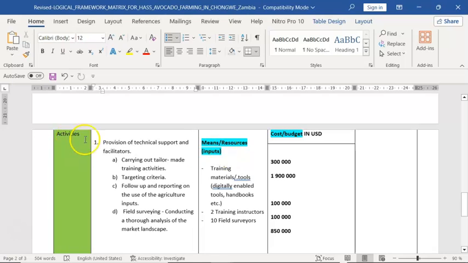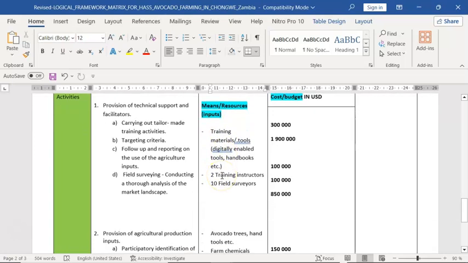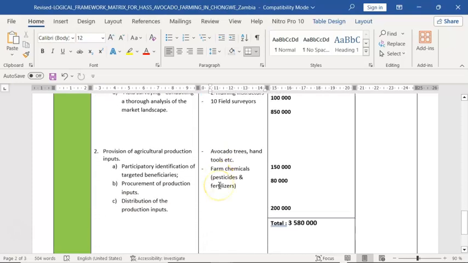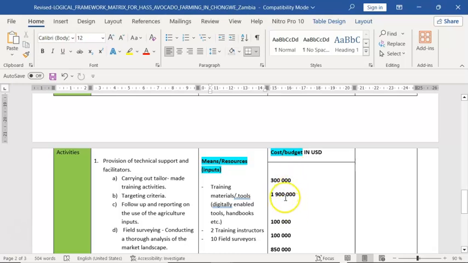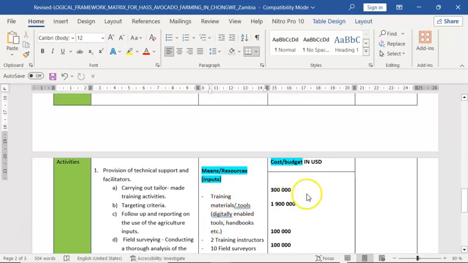Coming down to the activities, we are not talking about the OVI, but rather the resources input that you need to put in place. You are given all of this, and then the cost for each line of these resources.